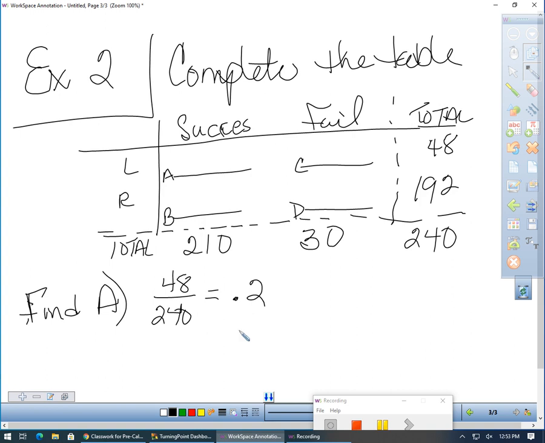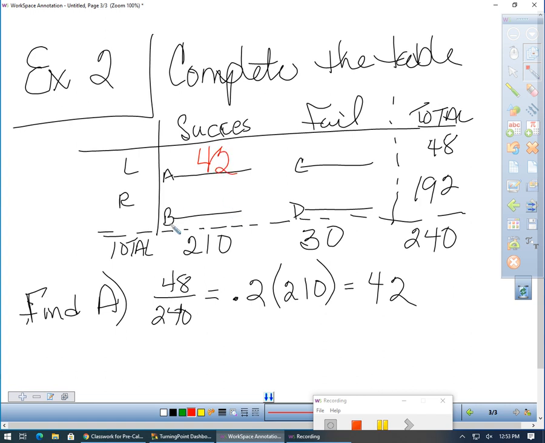So now I'm going to take this 0.2 and multiply by 210. So 0.2 times 210 should give us 42. That's going to go in this spot right here.